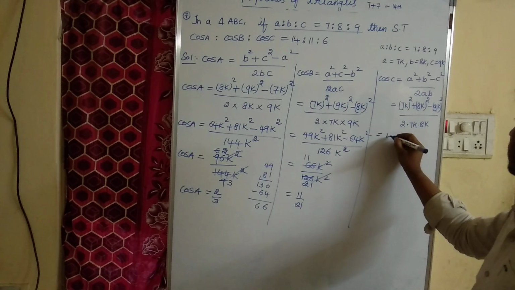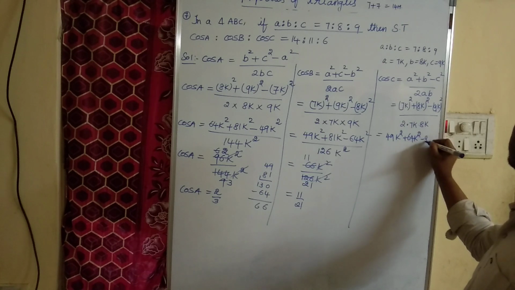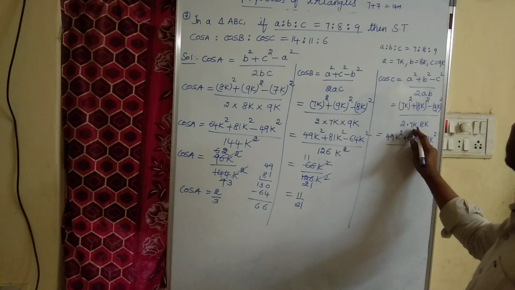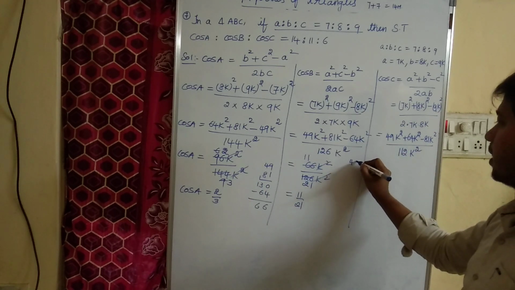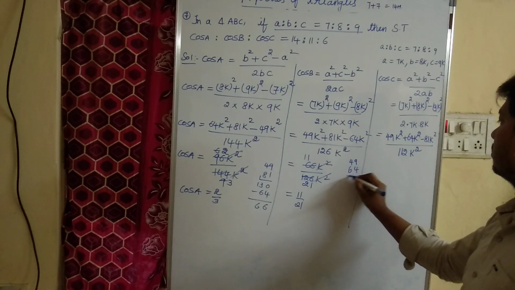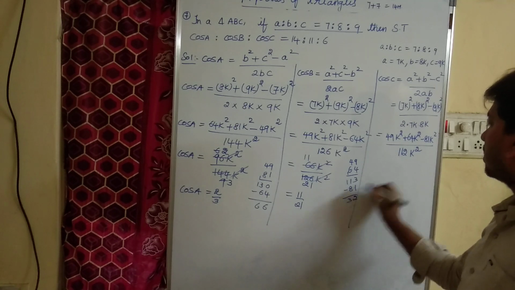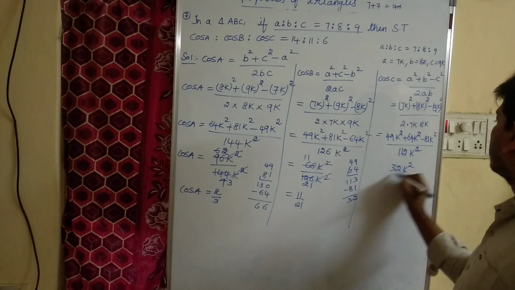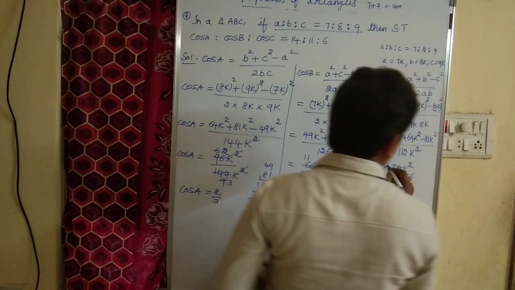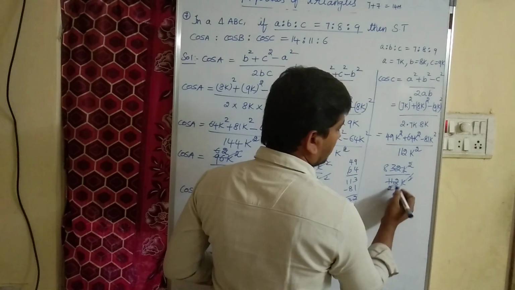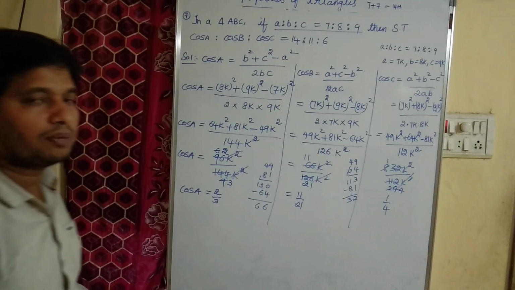So 7 square 49, 8 square 64, 9 square 81, 2 times 7 is 14, 14 times 8 is 112 k square. So 49 plus 64 is 113, 113 minus 81 is 32k square divided by 112k square. The k square cancels. 4 times 8 is 32, 4 times 28 is 112, which is equal to 1 by 4.